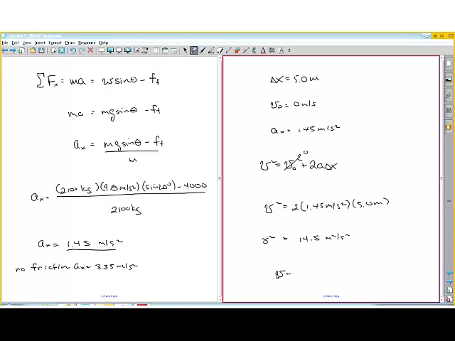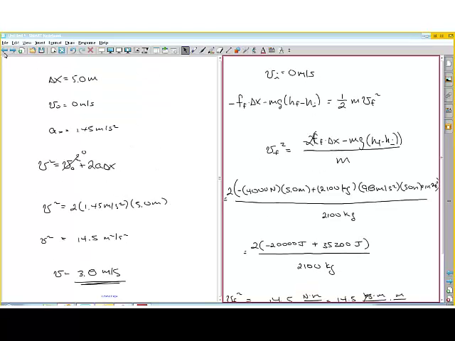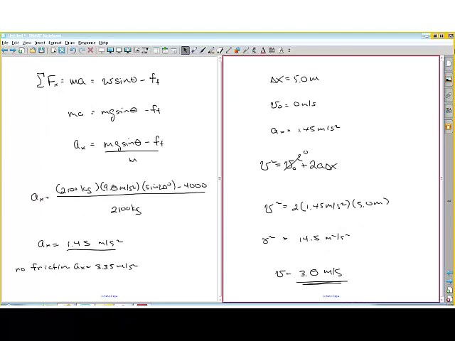Take the square root. It's going to be plus or minus, but we know it's going to be plus just from the physics. So we take 14.5 to the 0.5 power, and we get 3.8 meters per second. So we get the same answer. And in this case, I don't know which one's easier. I guess it's not a huge amount of difference, but anyway, that's how it works.